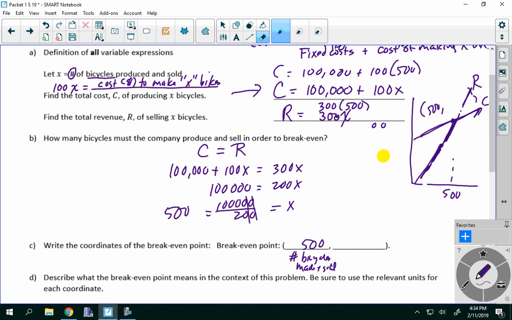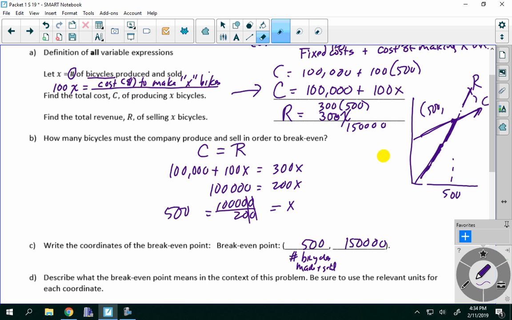Either way, I'm going to get 150,000. So that would be my point, 150,000. That's my y value. And now we ask you to explain what that break-even point means.